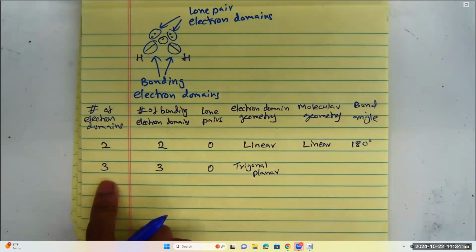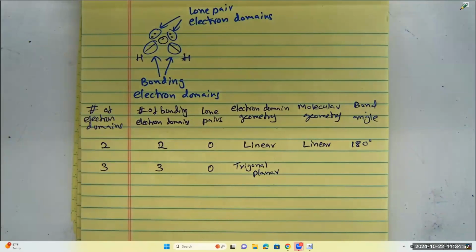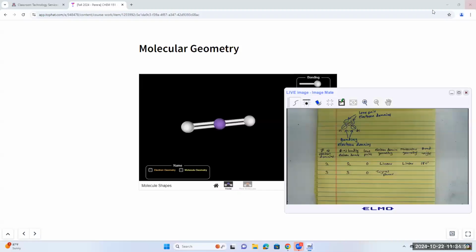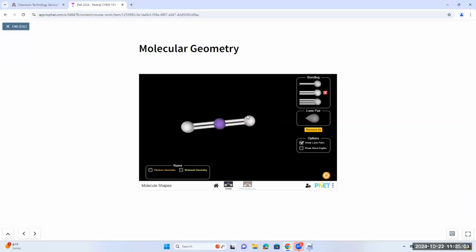Anybody? What is the molecular geometry of CH2O? Let me show you what we are referring to. Here's CH2O. What is the shape of the molecule here? Thank you, Tyler. Yeah, William, thank you. Yeah, it's trigonal planar.